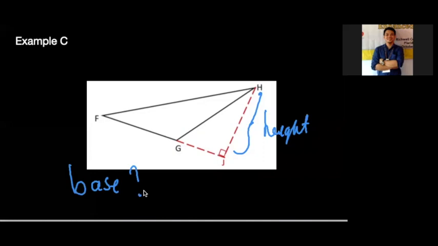The height is HJ, then the base is FG. Take note, it's FG, not FJ, because technically J is not part of our triangle. So the base of this triangle is only up to F, up to G.